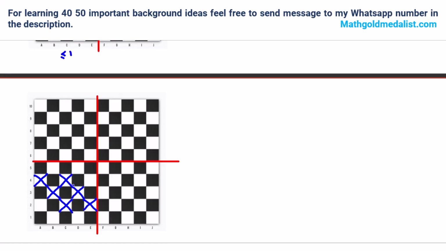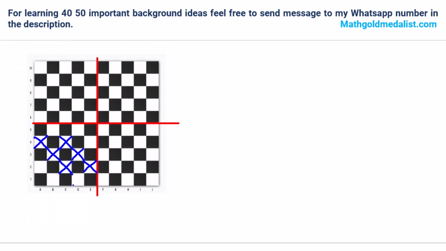Now, if we have, for example, let me copy this one. If we have a knight here, do you agree we can cancel this one because of this? We can cancel this one, this one, and this one.